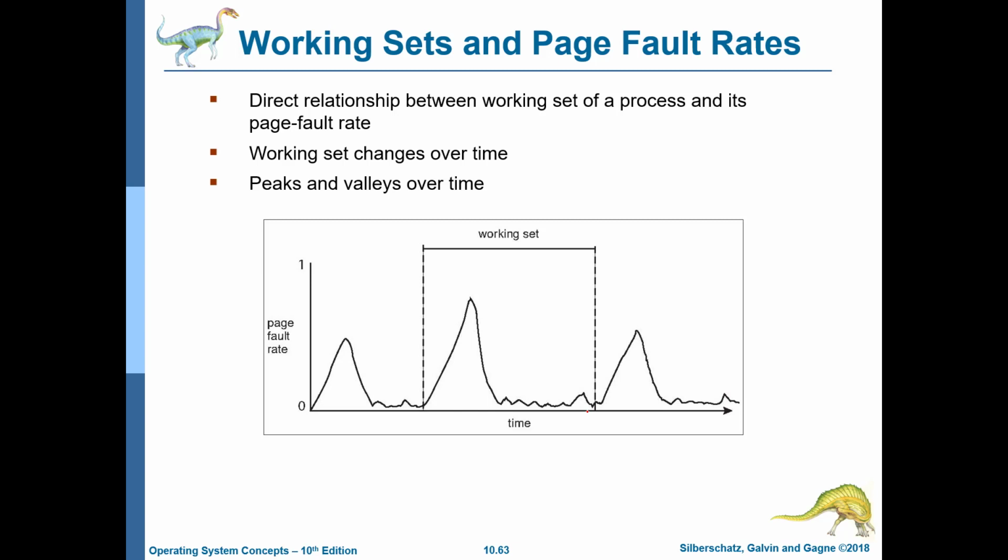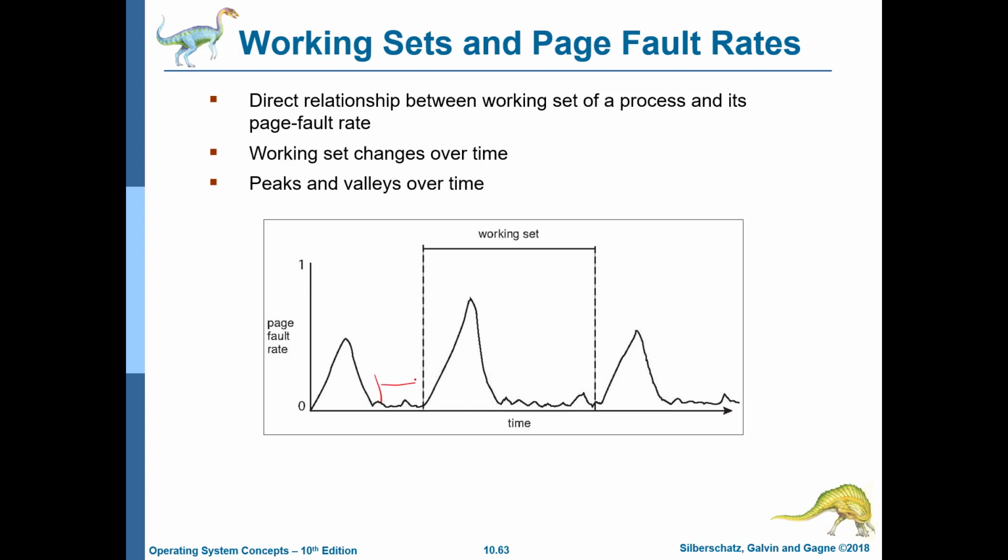So there is a direct relationship between the working set of a process and its page fault rate, in the sense that the working set changes over time, and the page fault rate also changes over time as the program's phase changes, in the sense of what it does. When we start the program, its page fault rate will be high, then gradually it will reduce because pages are being brought in.